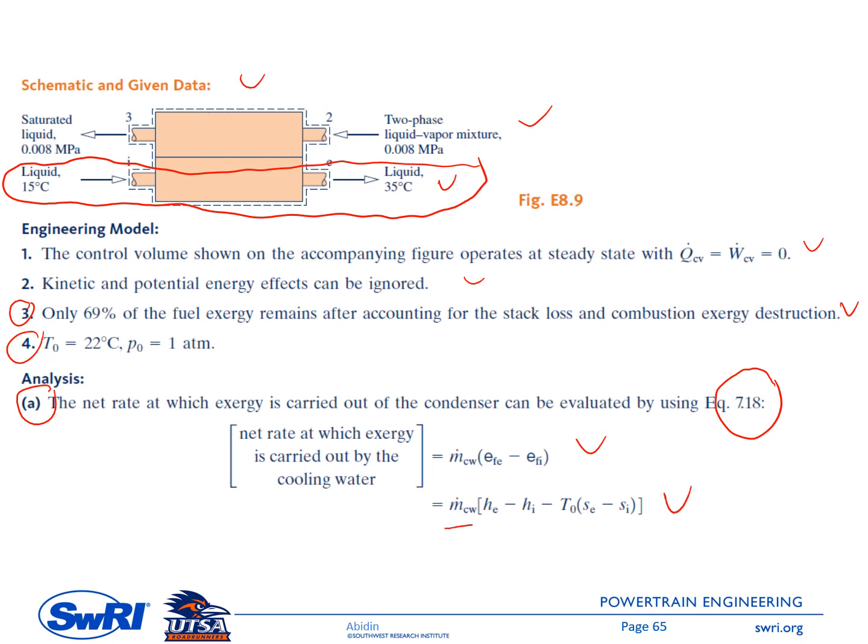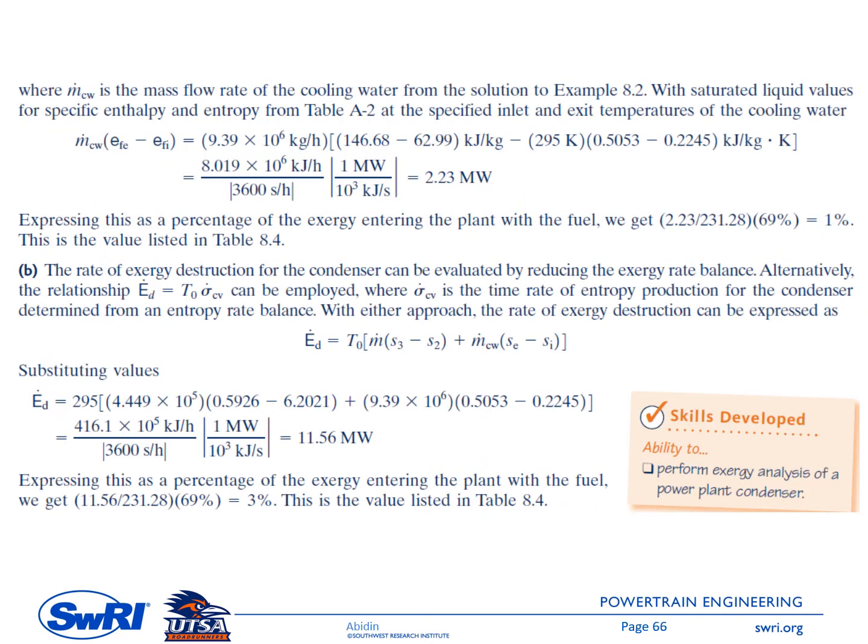And we can replace this one by this one. So we have all the numbers, I believe, from the previous example. You just plug in, then you will get this number: 2.23 megawatts is the exergy carried out of the condenser by the cooling water.